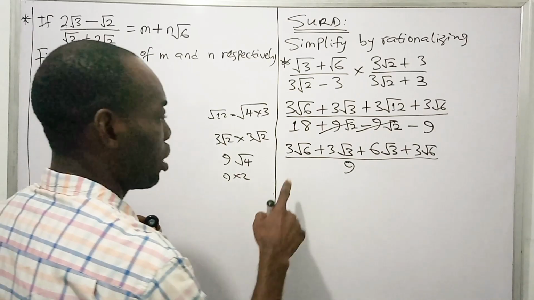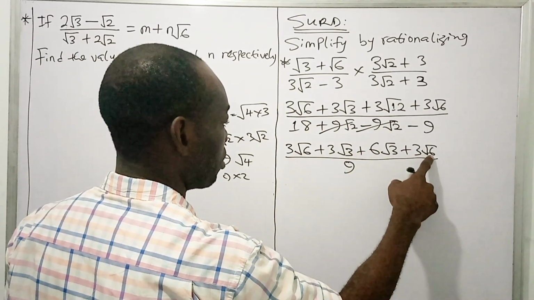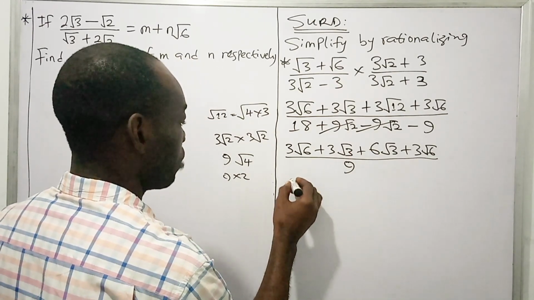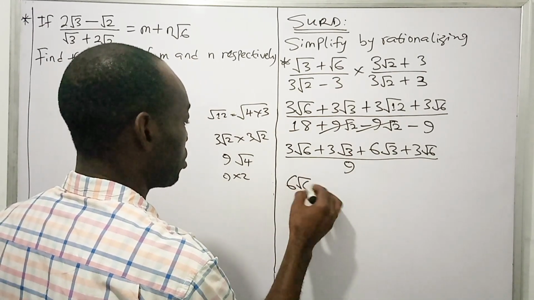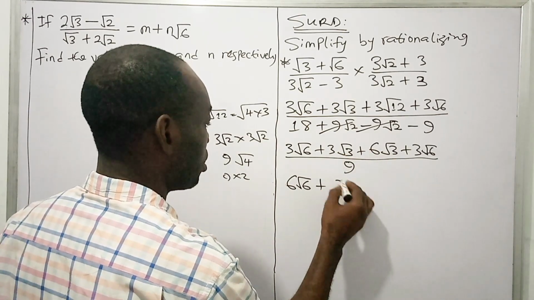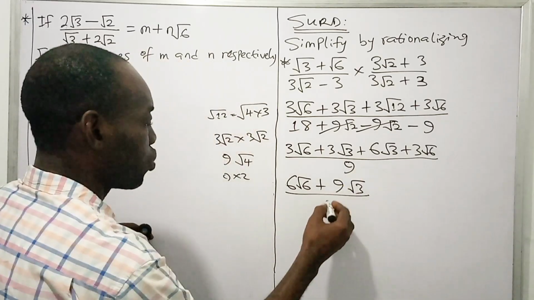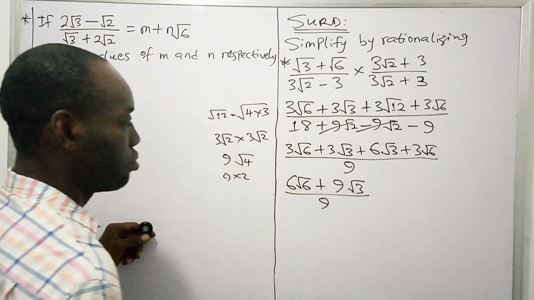Okay, so from here, 3 root 6 plus 3 root 6 should give us 6 root 6. Then 3 root 3 plus 6 root 3 should give us 9 root 3. Then at the denominator, we have 9.